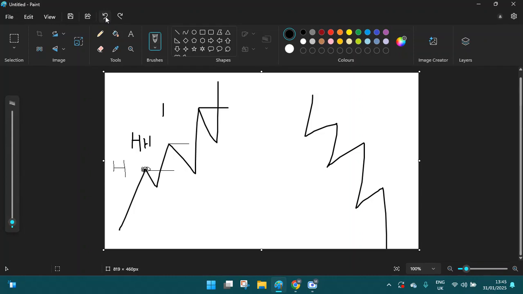Also, when I remove this, in an uptrend you also have your low, low, and low. If the lowest point is not being broken through and your low is higher than the last low as well, that becomes a higher low, and a higher low again.